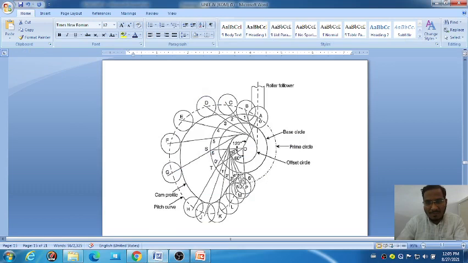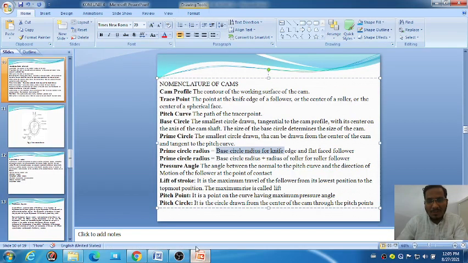Pressure angle is the angle between the normal to the pitch curve and the direction of the motion.